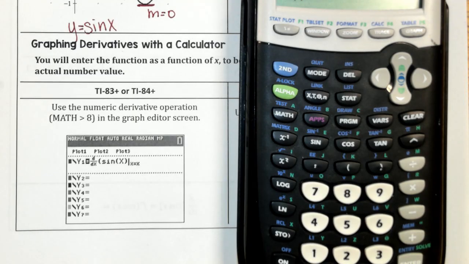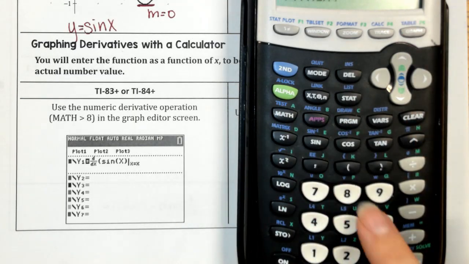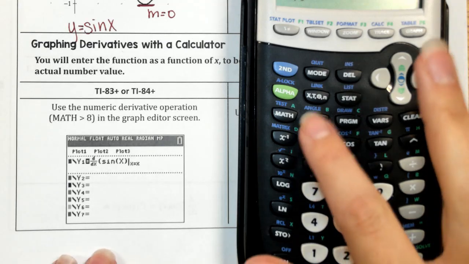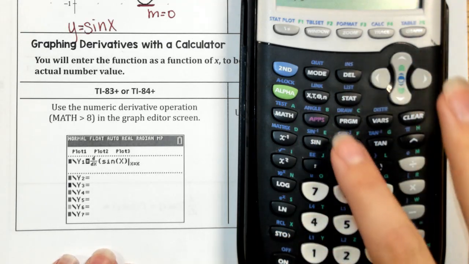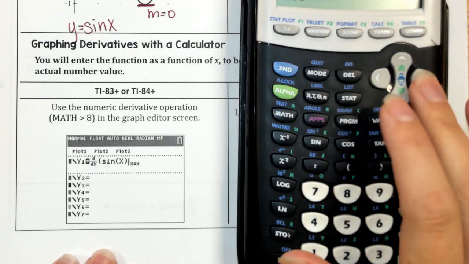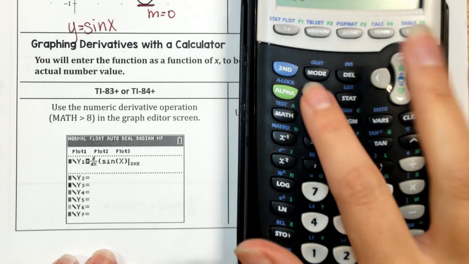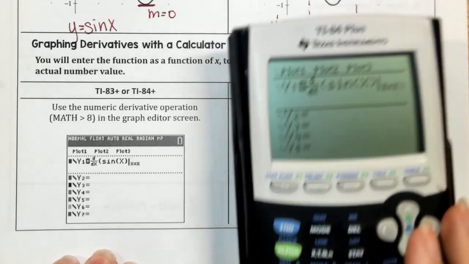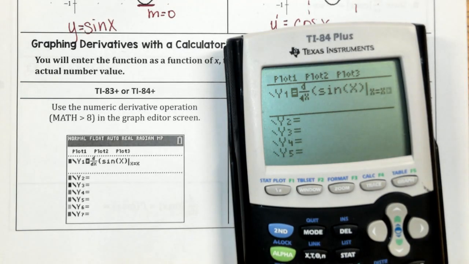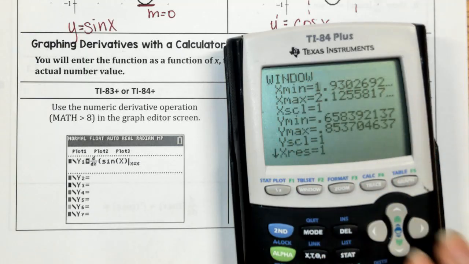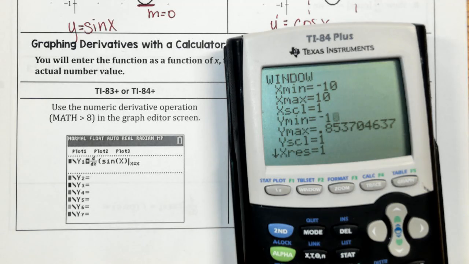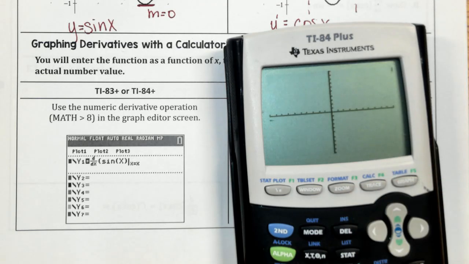But I can prove this to you in your calculator. So you're going to go to Math 8. You're taking your derivative of x, and we're doing sine of x. And then I don't know what my window looks like. Okay, cool. So here's my current graph for my derivative of sine of x.